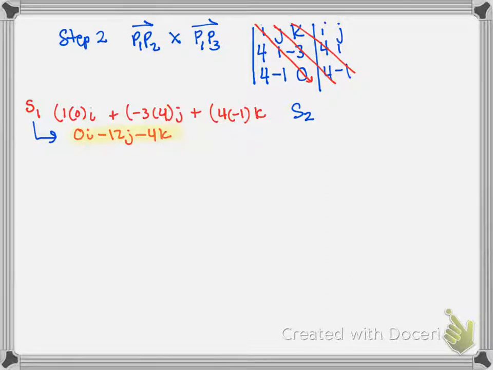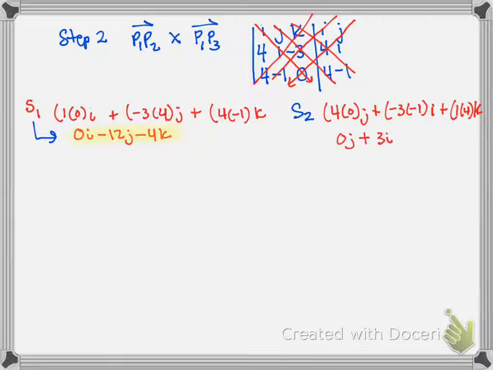Alright, let's work on S2. Once again, I'm going to start from the far right here. So I get 4 times 0, J, plus 3 times negative 1, and this is I, plus K is 1 times 4. So I get 0J plus 3I plus 4K, and that's my summation of the second one. Now we're going to take sum 1 minus sum 2.